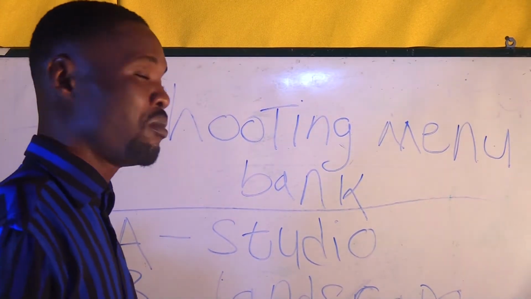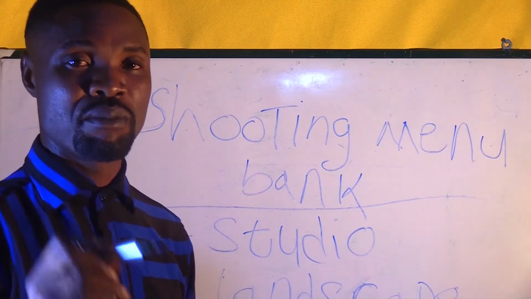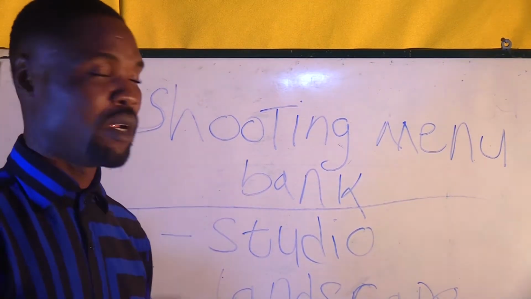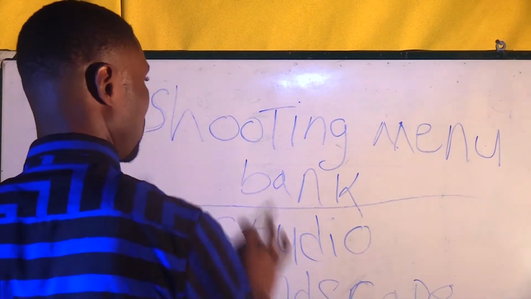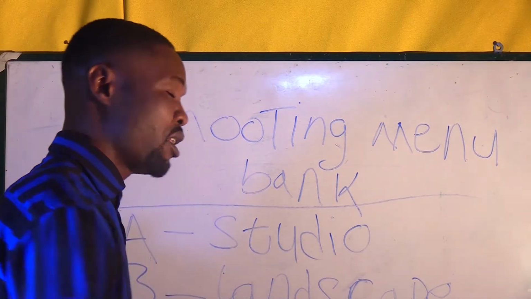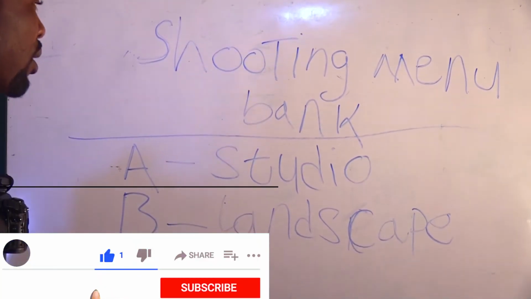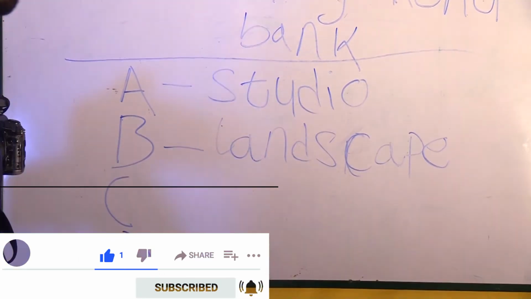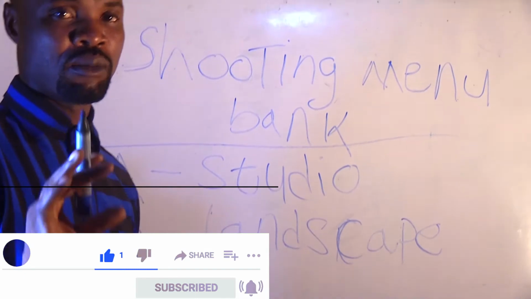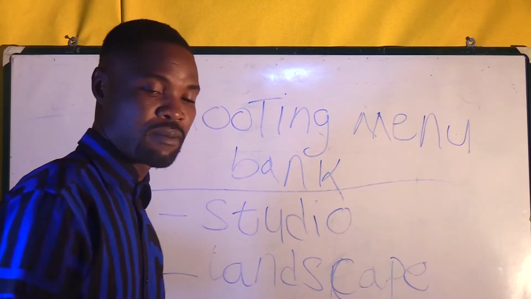So right now I'll be teaching you what the shooting menu bank is all about in your Nikon camera. In the shooting menu bank, we have 4 available options: you have the A, the B, the C, and the D. But strategically, I'm going to teach you mostly the A and B options.